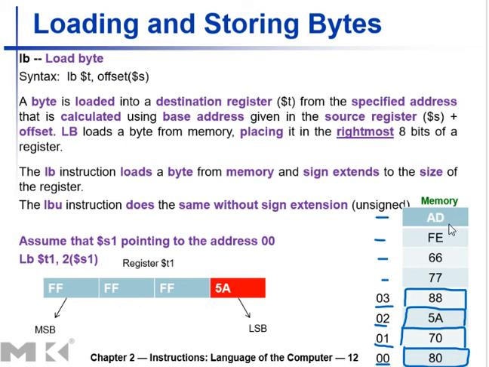These values are all written in hexadecimal. AD is in hexadecimal, FE is in hexadecimal. So in this example, all are written in hexadecimal.